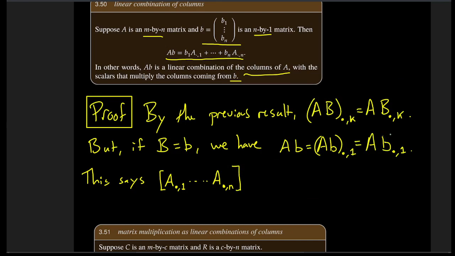Big B's, little b's. There we go. Which, just to be clear from this part right here, this is just Ab, right? So here, if we write this out, this is b1 through bn. Just go through it. Now go across and down.